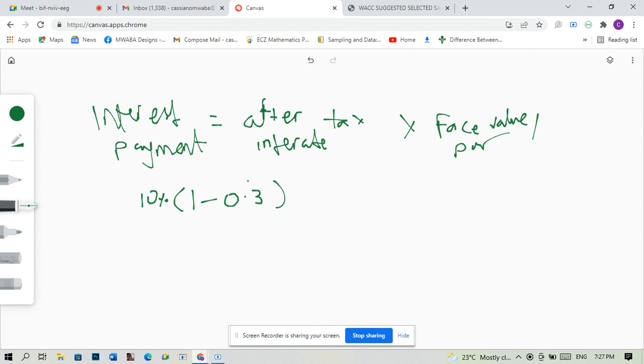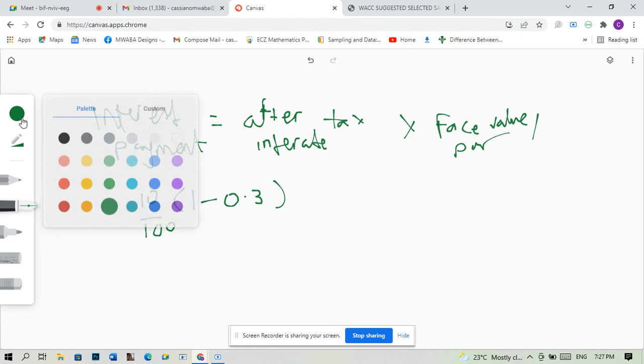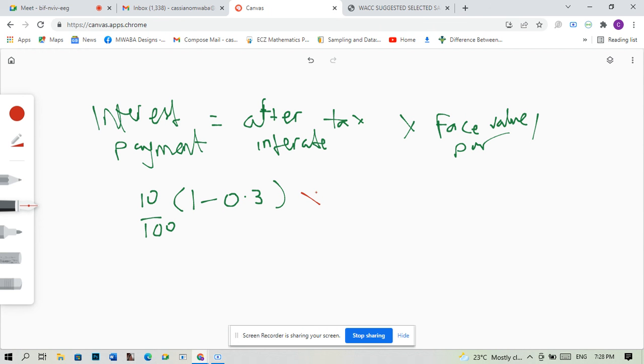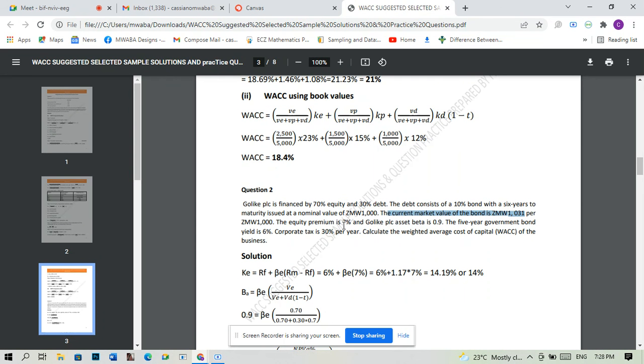This 0.3 represents the corporate tax. 10% is just the same as 10 over 100, times 1 minus 0.3. Then we multiply it by the face value of the bond. The nominal value here is 1,000.